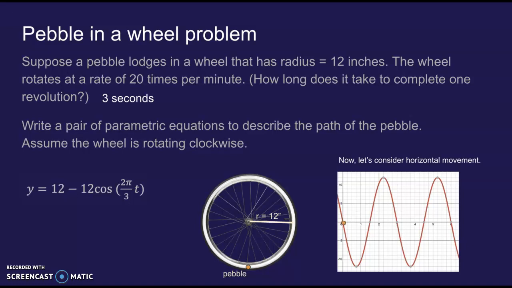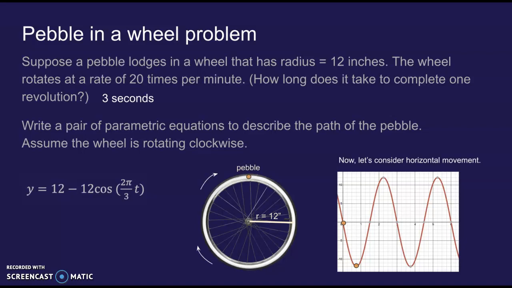All right, so as I start, the pebble's on the ground and it's right below the axle. So it's 0 units from that axis. The wheel's turning clockwise, and so here we are, a quarter of the way around the circle, and the pebble is now 12 inches to the left of the axis. That's negative 12. We continue our trip around the circle. Here's that pebble again at the top.